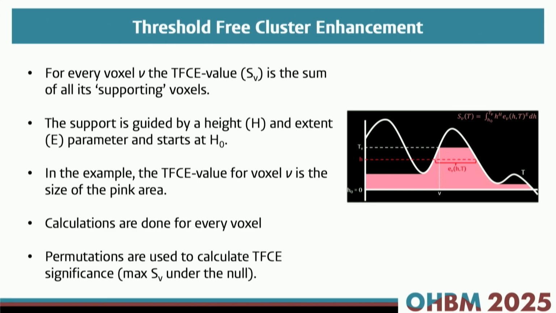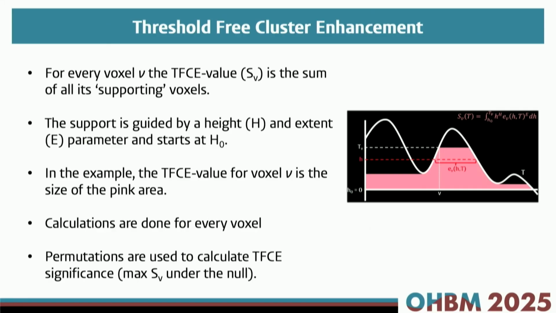So we end up with this voxel, and we do this for every voxel separately, so that it gets enhanced by the support it belongs to. It looks at the underlying structure and takes this into account. What we then do is use permutations to calculate a TFCE significance statistic, since we can calculate this for every voxel. We calculate under the null hypothesis.